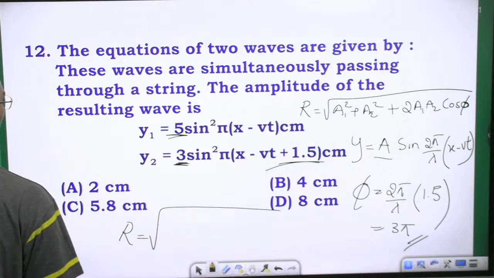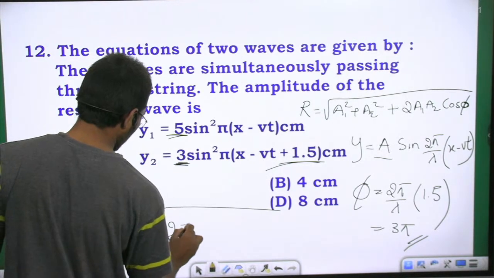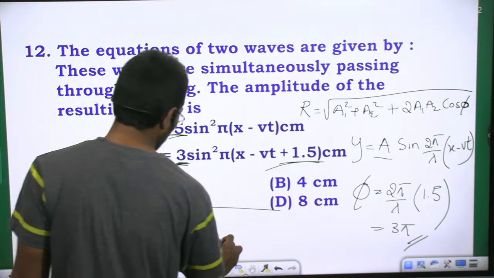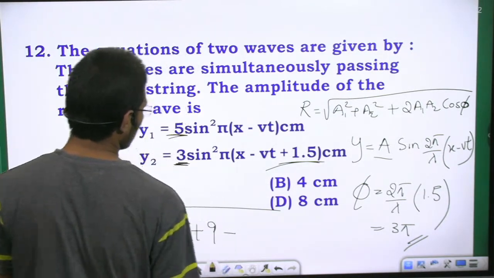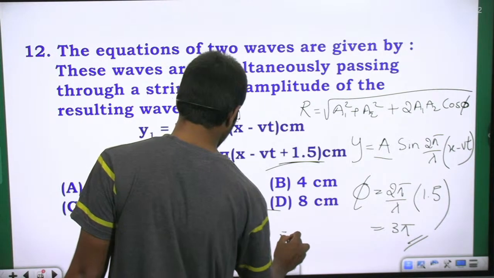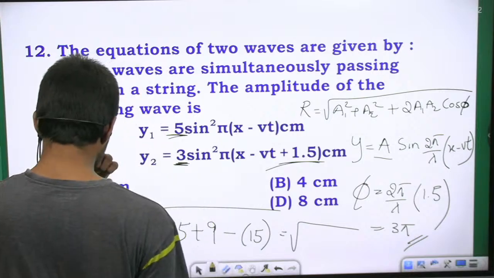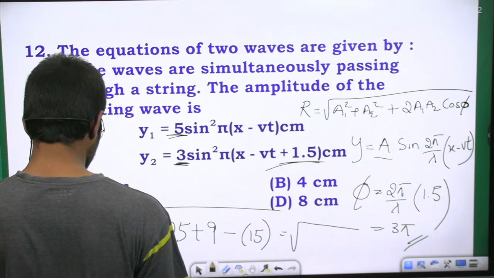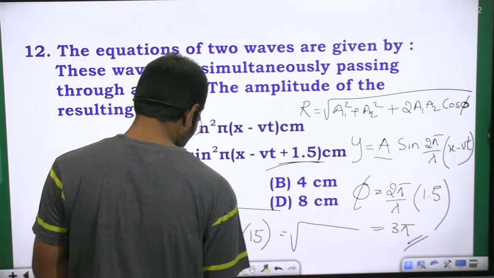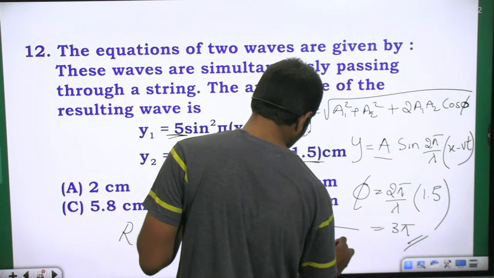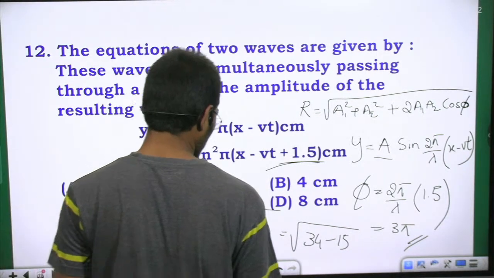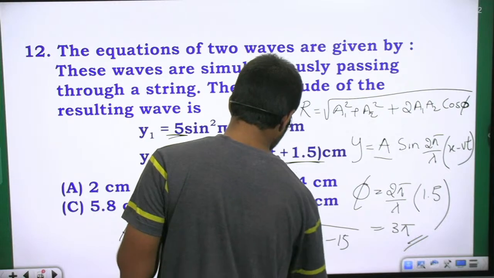If you substitute it in the resultant, what is A1? 25 plus 9. What is cos 3 pi? Minus 1. A1, A2 is 5 into 3, 15. So what do you get? 34 minus 15. So I guess we went wrong somewhere.